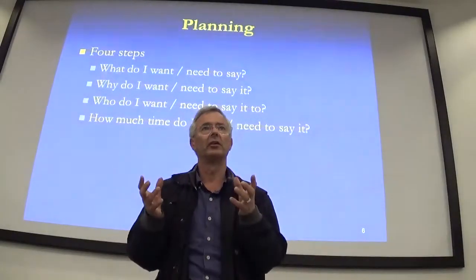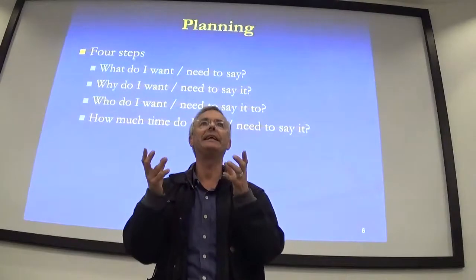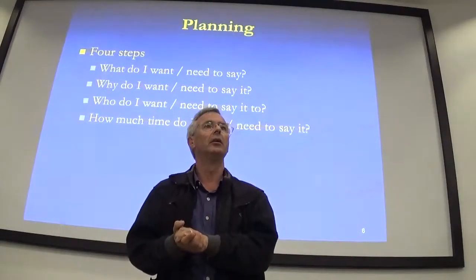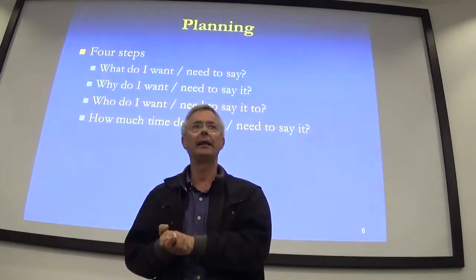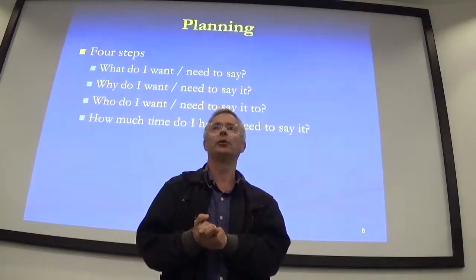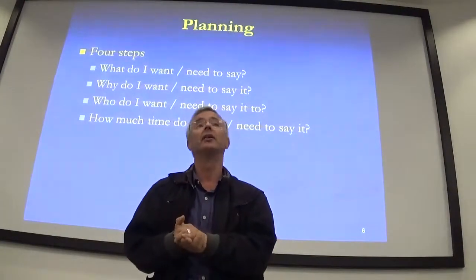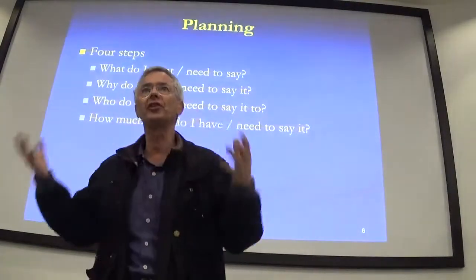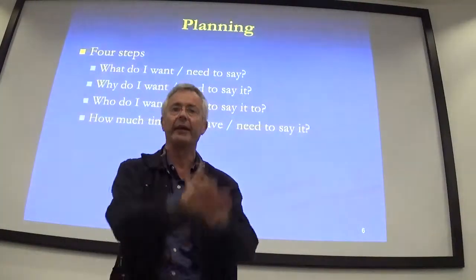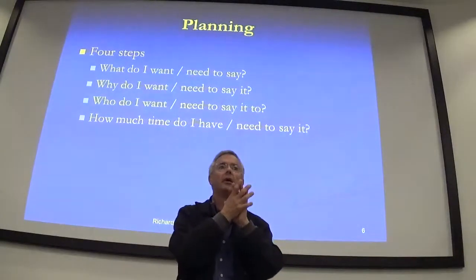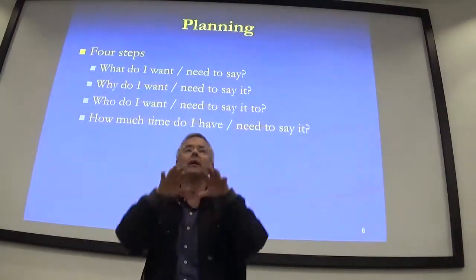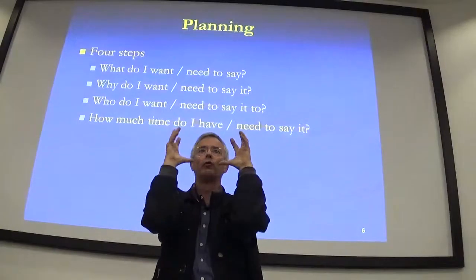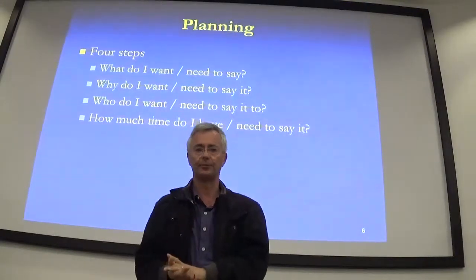What is it that I actually need to say to get that message across clearly, concisely, to inform, and hopefully to be able to persuade? So, what do I want to say? That's a whole big area. And then what do I need to say? A small, focused element.